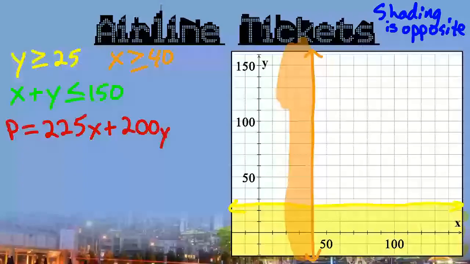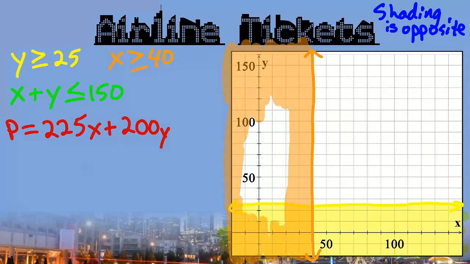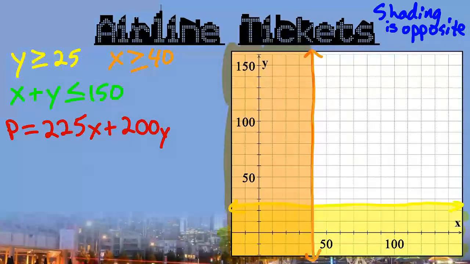If anyone has an idea why I might want to do the opposite shading, let me know when you figure it out. You got it, Vincent. Yeah, it's going to be easier to see the region of the solution set.